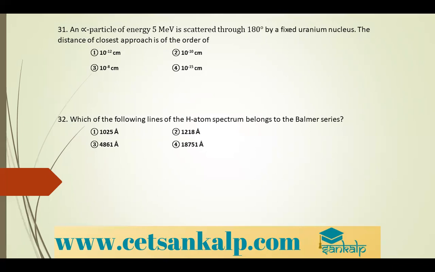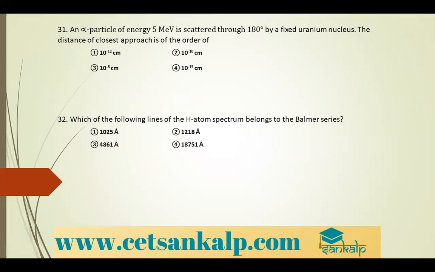R is equal to, for the alpha particle, 2 into 1.6. So Z for uranium is 92. We have to convert all of that.